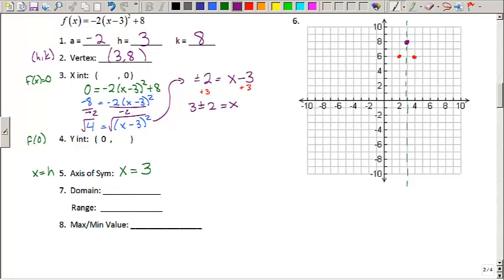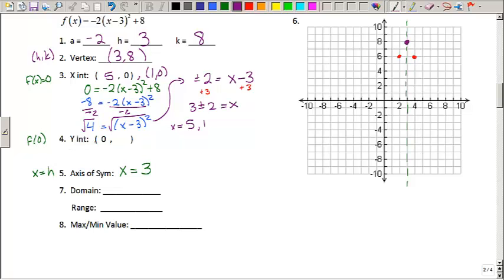Now, we never leave this value here, 3 plus or minus 2, because you actually know what 3 plus or minus 2 is. 3 plus 2 is 5, and 3 minus 2 is 1. So I have 2 x values where f of x is equal to 0. So my x-intercepts are 5, 0 and 1, 0.